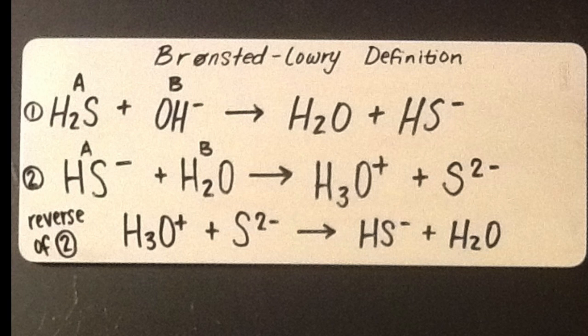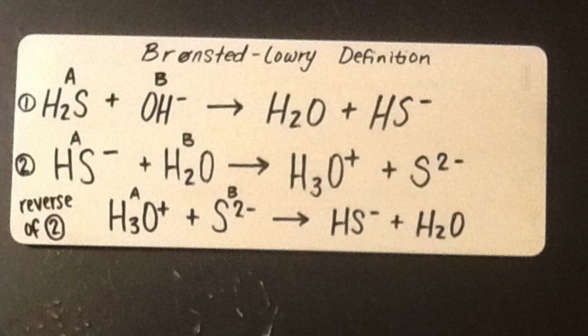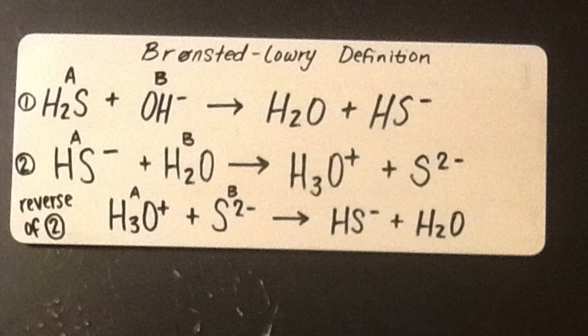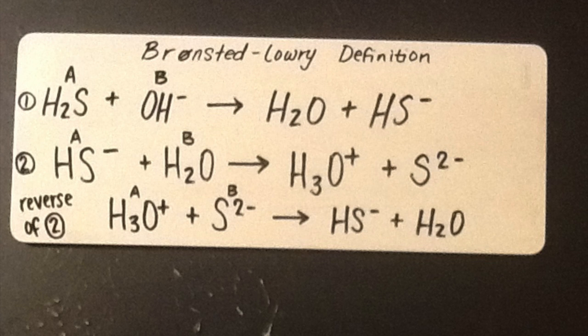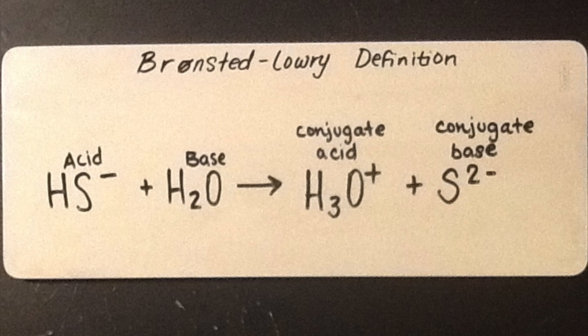In this reverse reaction though, if it had flipped directions and gone backwards instead, H3O plus, hydronium, would now be the acid. It'd be the one giving an H plus to sulfide, S2 minus, the base, which would accept it, and then you'd get the products HS minus and H2O. All right, so this can happen sometimes, and for that reason, we actually can label both sides of the reaction.